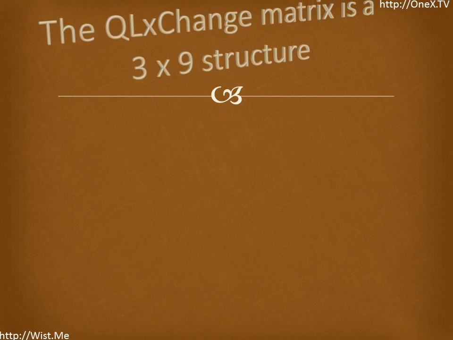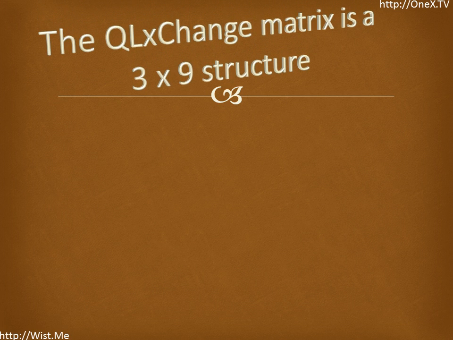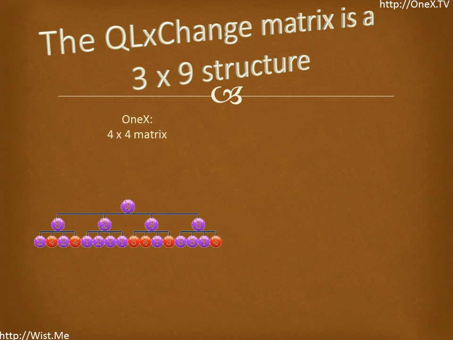There is a difference between the 1x structure and the QLxChange structure. The 1x exchange structure is a 4 by 4 matrix, which means that in 1x you can have 4 persons on your row 1 and you can have 4 rows.